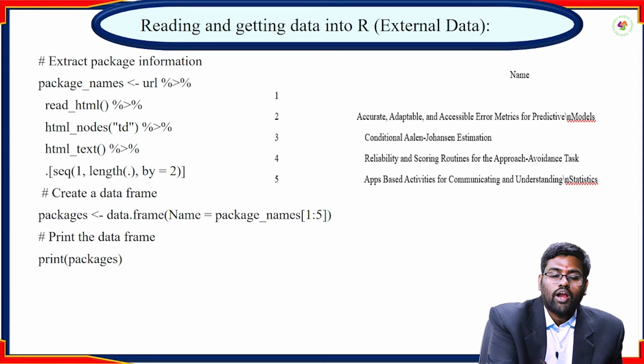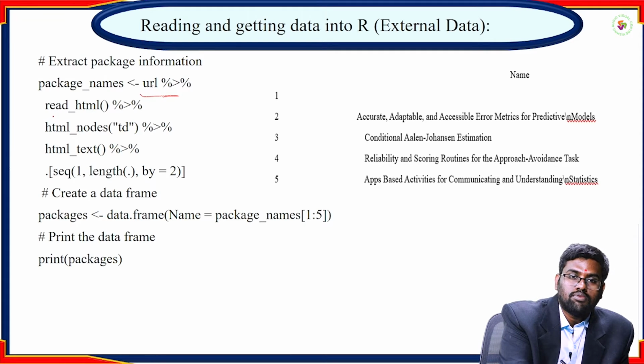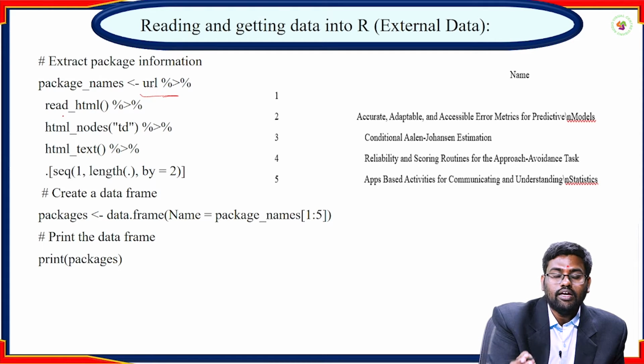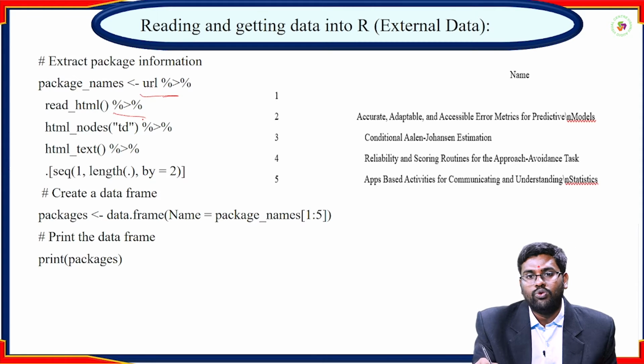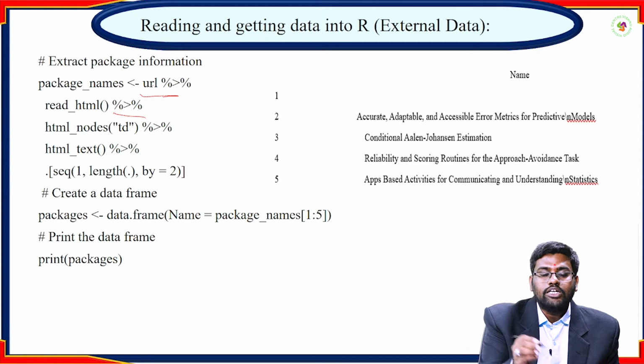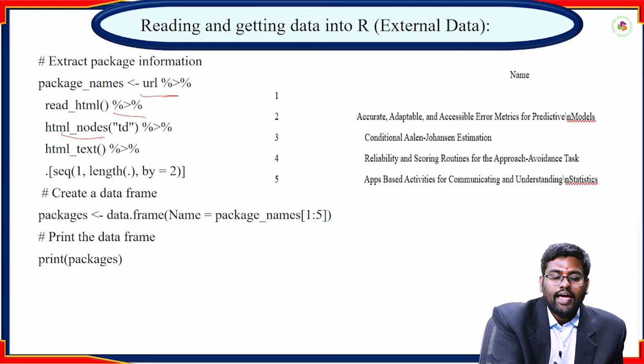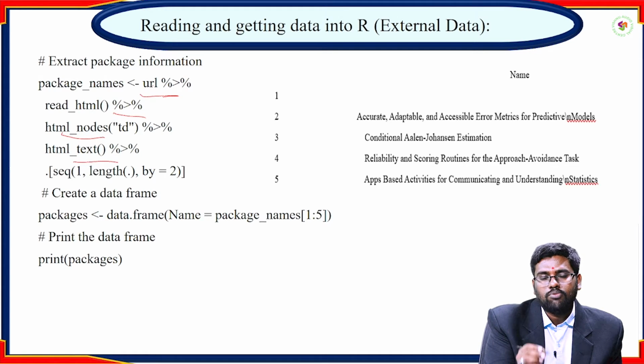First one is URL. So from that site I use read_html, which means to retrieve the HTML content, and next the pipe operator, which means to pass it into the given site. Next I want html_nodes, html_text, and seq of 1 comma length dot by equal to 2.